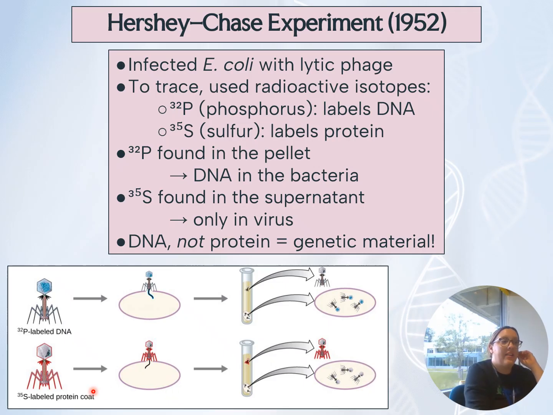What we didn't see, though, was proteins showing up in the next generation of phages, which makes sense, right? Because what is being inserted from the phage into the E. coli is DNA. We know that now. And that was relevant because we know now that we're able to pass genetic information for traits to show up again in other generations. So, just to confirm that DNA is the genetic material.